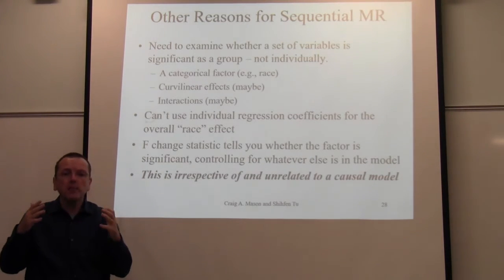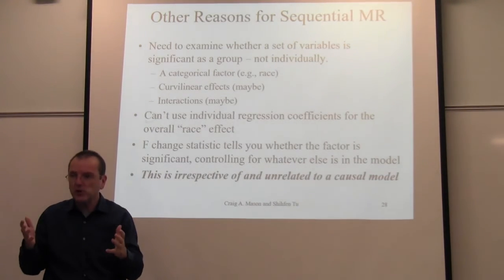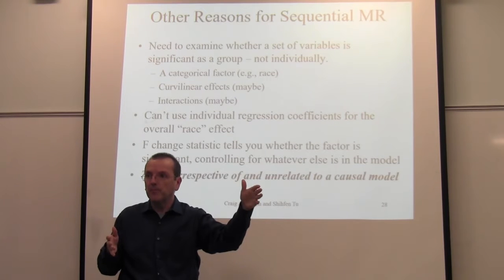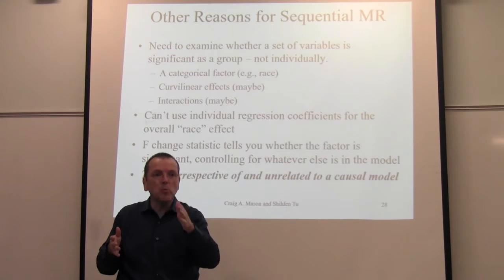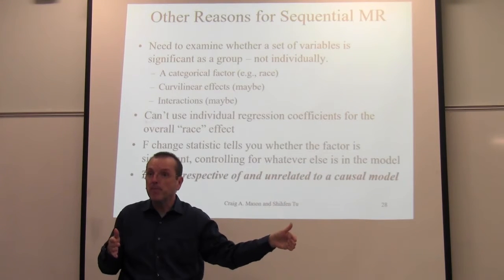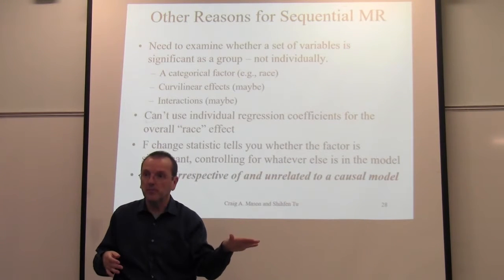So far when we've talked about sequential multiple regression, we've talked about that causal model. There are times when you will do a sequential multiple regression, even if there is no causal model.